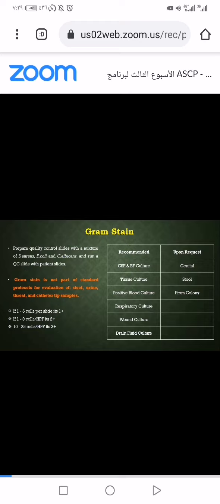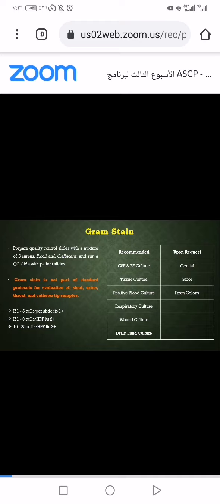So the saline contains Candida albicans, E. coli, and Staph aureus. Then take a drop of this saline and put it on the slide. Do the fixation and repeat it, keep with you 50 slides or 100 slides. Every day or every time you do the gram stain, pick one. This slide is QC, quality control.